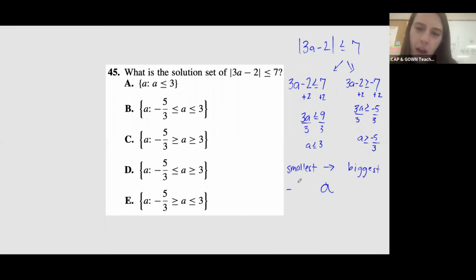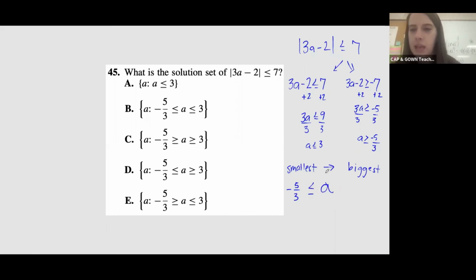So -5/3, it's going to be over here. Now, since that -5/3 switched sides, that sign is actually going to flip again. If you read it from left to right, it's -5/3 is less than or equal to A. But if you read it backwards, A is greater than or equal to -5/3. So it's the same thing.